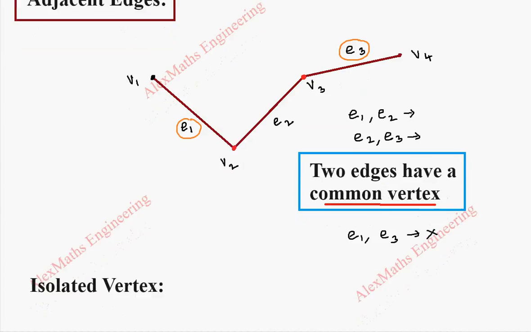Next we are going to see about the isolated vertex. An isolated vertex is one which is not connected by any edge. For example, if I have vertex V1, vertex V2, vertex V3 and vertex V4.